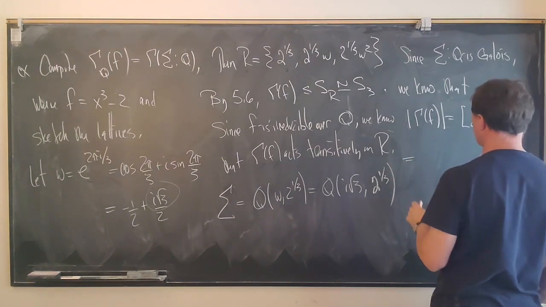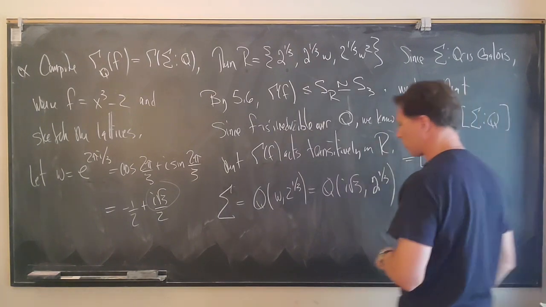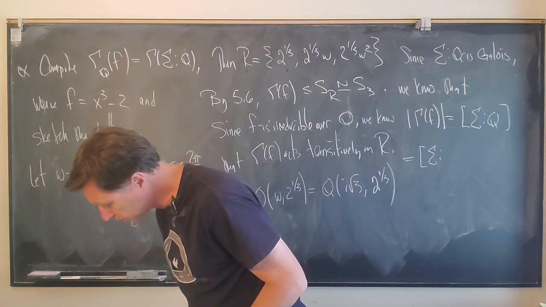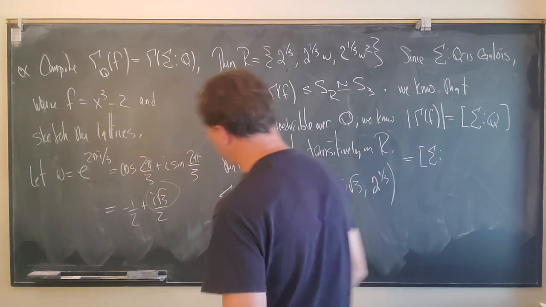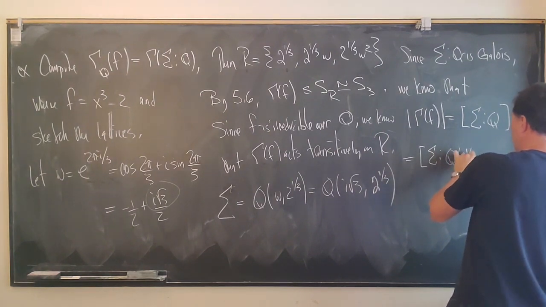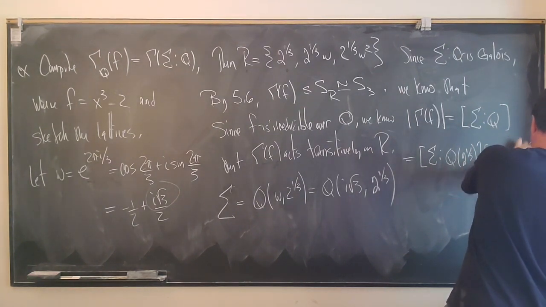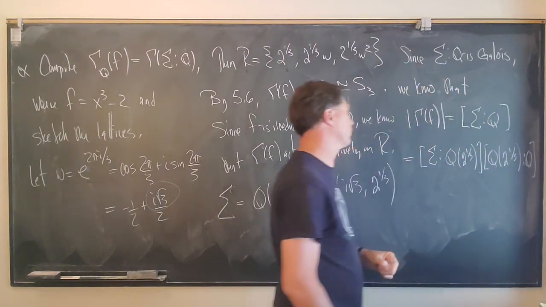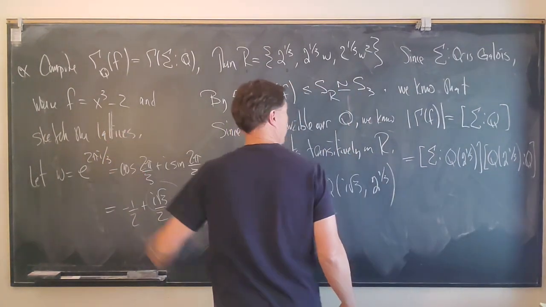I'm going to use the tower law: Sigma over Q adjoin 2 to the 1/3, and then Q adjoin 2 to the 1/3 over Q. For this one, we've got the minimal polynomial, so this is degree 3.